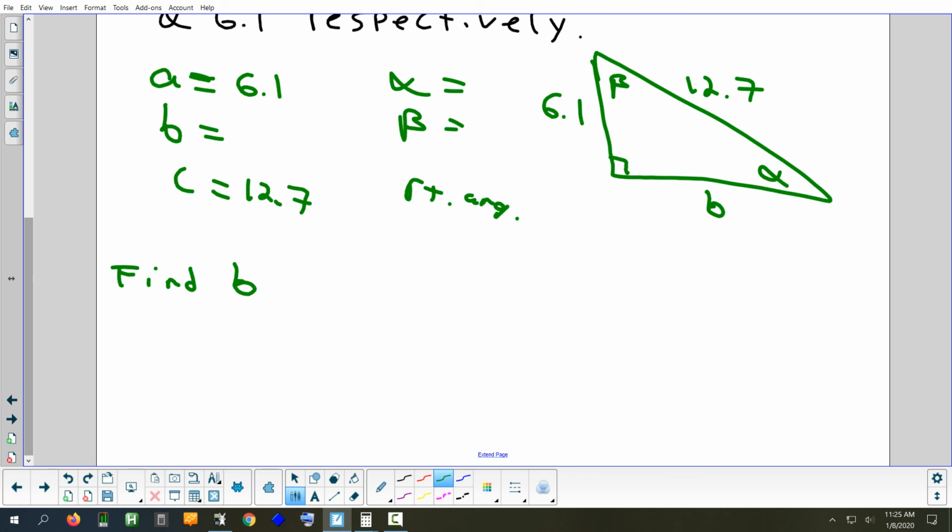So Chris, if I set up my Pythagorean theorem to find b, can you just tell me what that would look like? Find b: 6.1 squared plus b squared equals 12.7 squared. Like that.